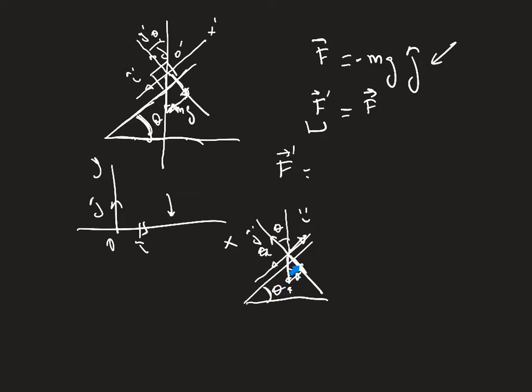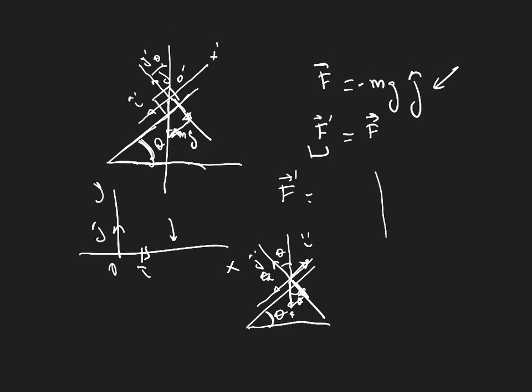What will be this quantity? This quantity is the one on the j prime axis, and the magnitude will be the magnitude of F by cosine of theta in the j prime direction, minus sine.